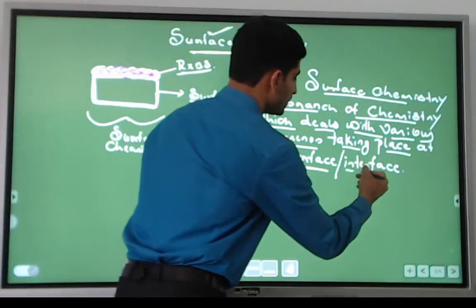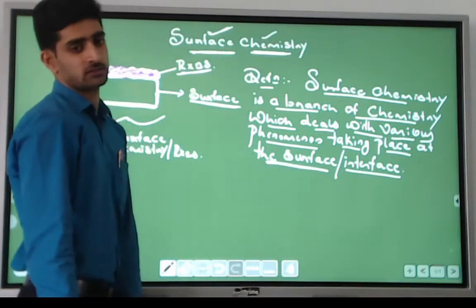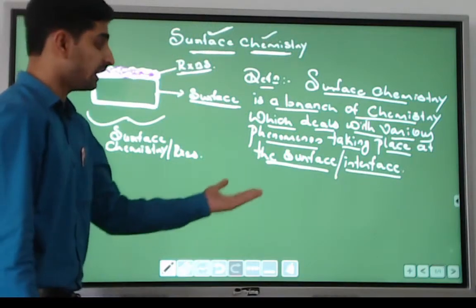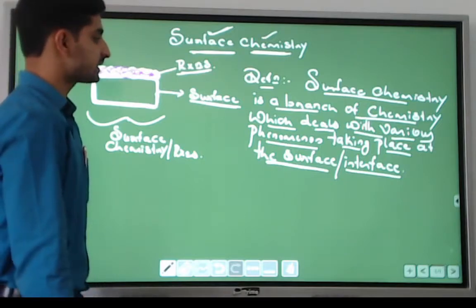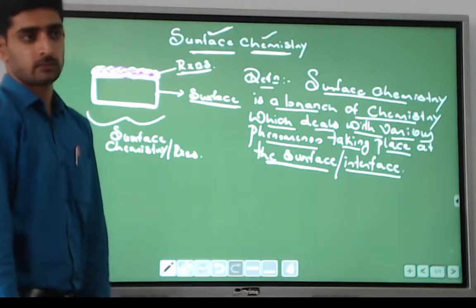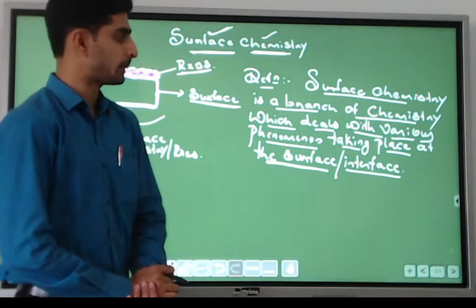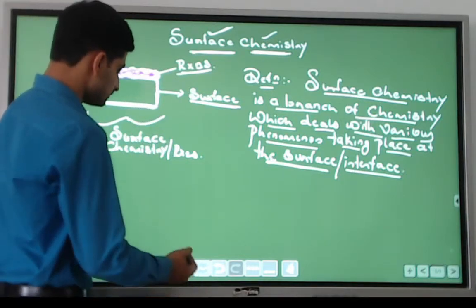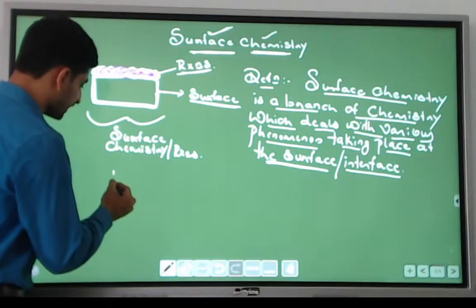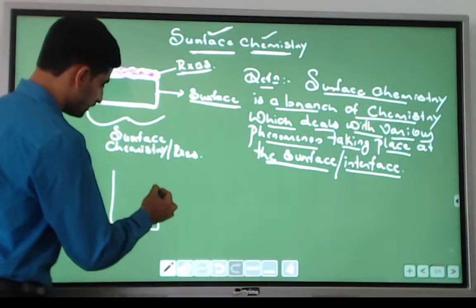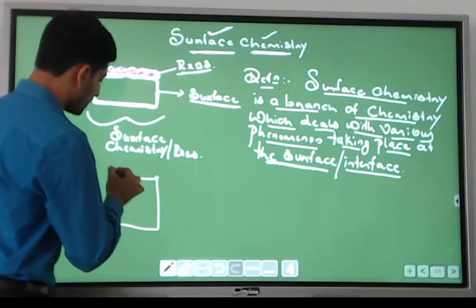Now, an important terminology has been introduced right here, that is called interface. We need to understand the meaning of this interface. Let me consider a glass container, an open glass container.